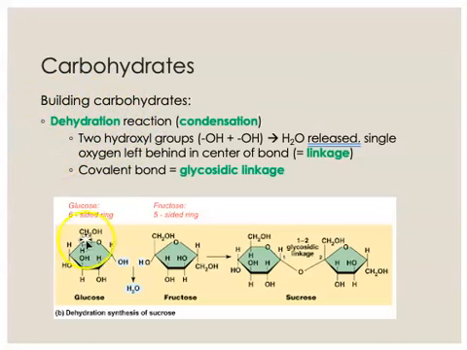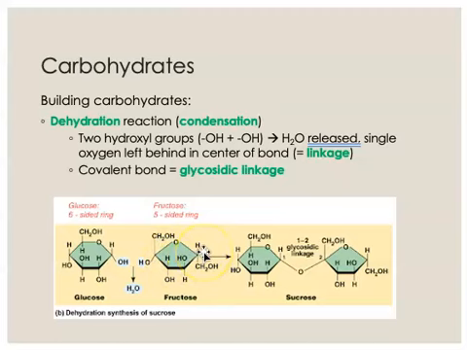When you bring two monosaccharides together side by side, and now we're drawing these in their ring formation, we're going to find a hydroxyl group sticking off the number 1 carbon on this ring that aligns with a hydroxyl group sticking off of the number 4 carbon on this ring.